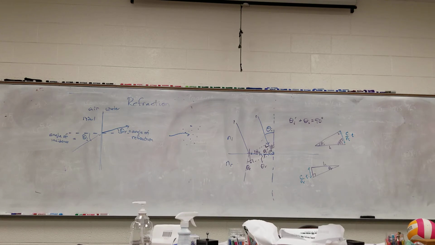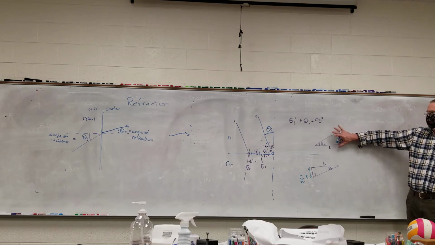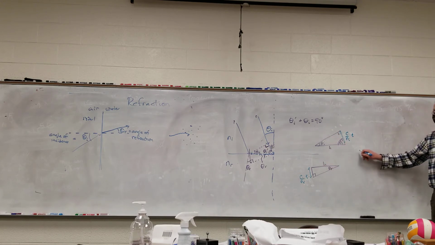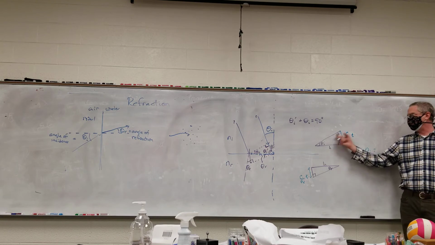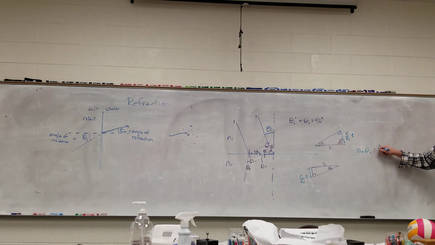But more importantly, we have this h that's common to these two triangles, the one above the surface and below the surface. So if I look at the sine of theta sub I, sine is opposite over the hypotenuse. That's my opposite side right there, ct over n sub I, over the hypotenuse, h.